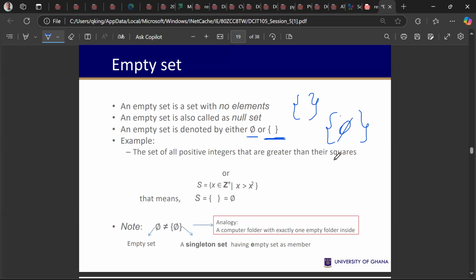But when you have a folder named C on your laptop which does not have any other folder inside, then that is a completely empty folder, and that is an empty set.